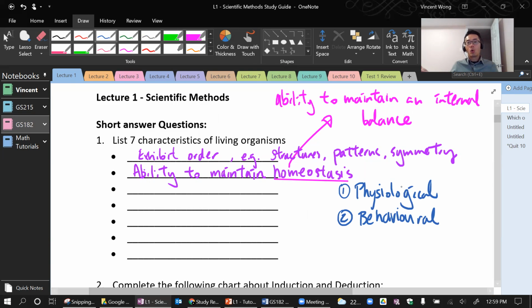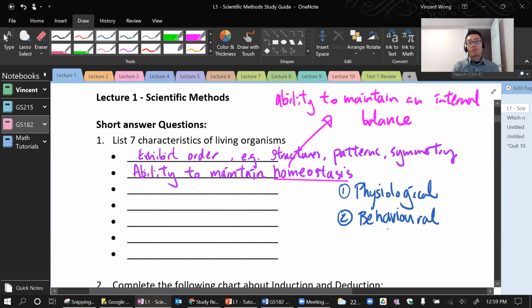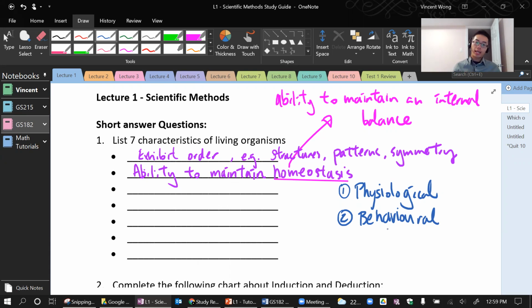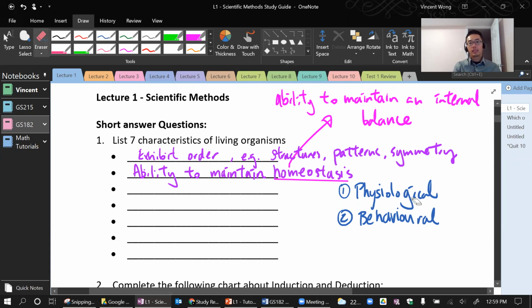Let's say it's very cold outside. A physiological response to that would be that you shiver. Shivering is going to bring up your body temperature, and then you maintain that 37 degrees Celsius. An example of a behavioral response to cold temperature is you put on a jacket. So one is your body does automatically. The behavioral aspect is something that you've learned from experience.